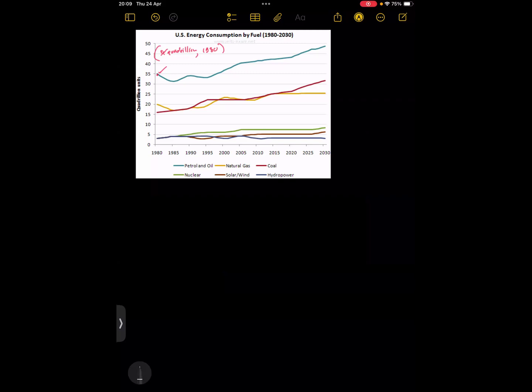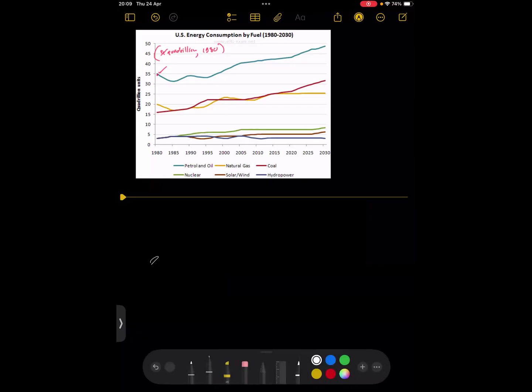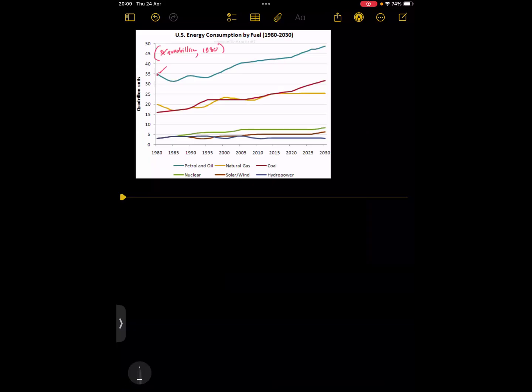So what happened here? One thing we can say is that if we look at the top part of the chart, we will see US energy consumption. So we're talking about the country, US, right? And what does it do?